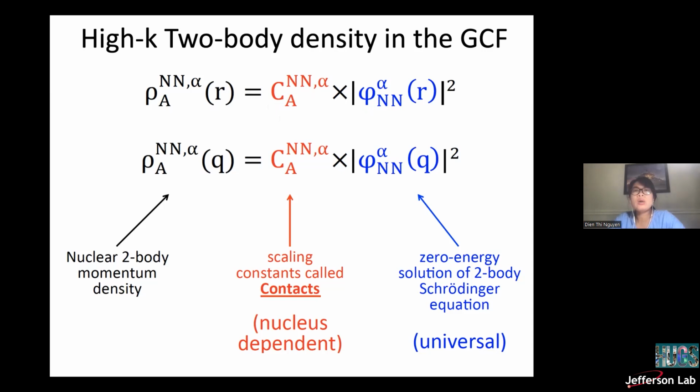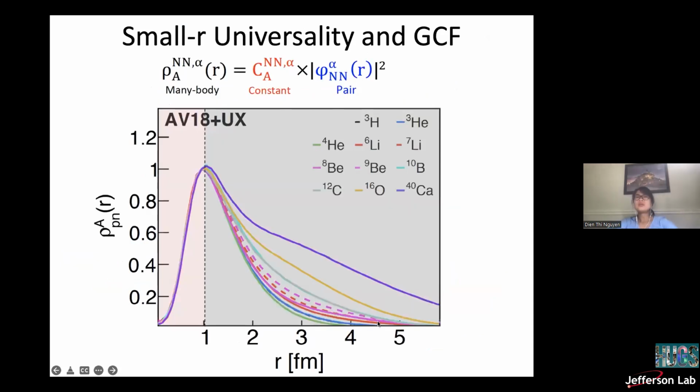So now we take a look at how the two-body momentum density looks. First, we look at the calculation of the two-body density using AV18, the NN potential, for different types of nuclei. As you can see, we normalize all of them to have the same scale at 1 Fermi.